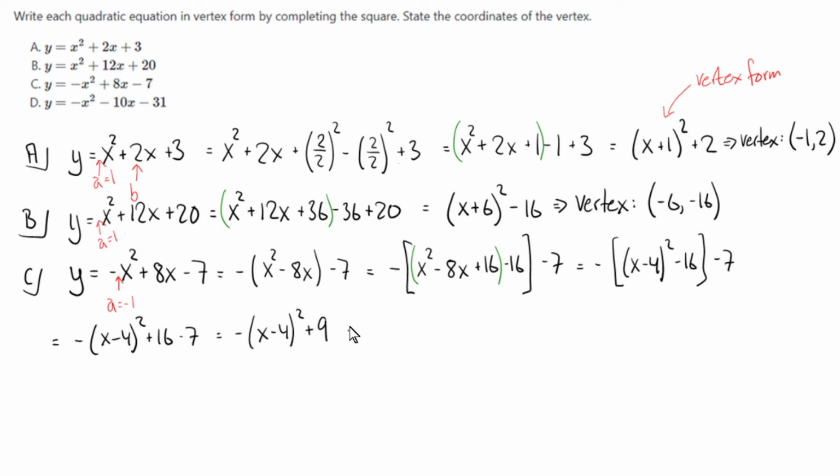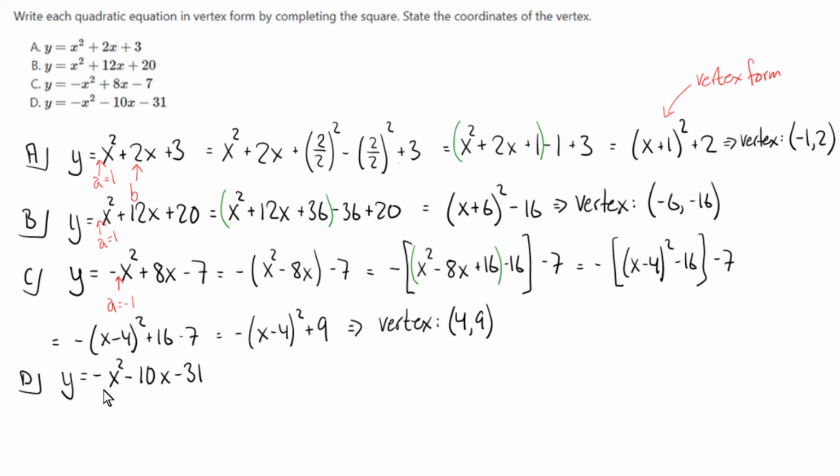Which means that our vertex has an x-coordinate of 4 and a y-coordinate of 9. Our last quadratic equation is y equals -x squared minus 10x minus 31.